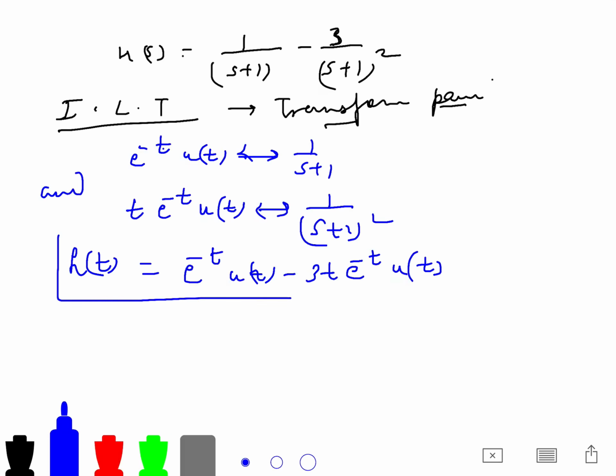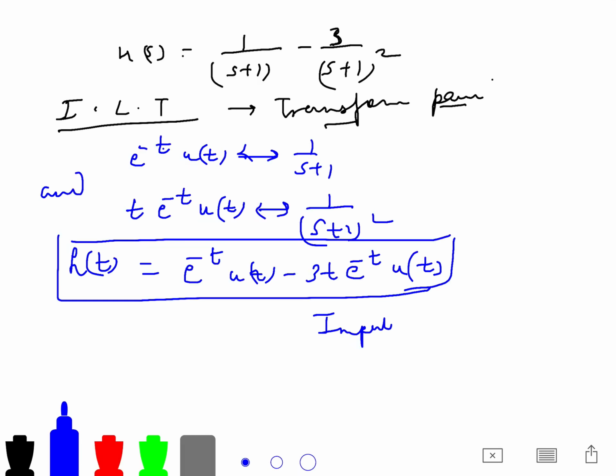So h(t) can be written as e^(-t) u(t) minus 3t e^(-t) u(t). So this is the impulse response that you have to identify in the given question.